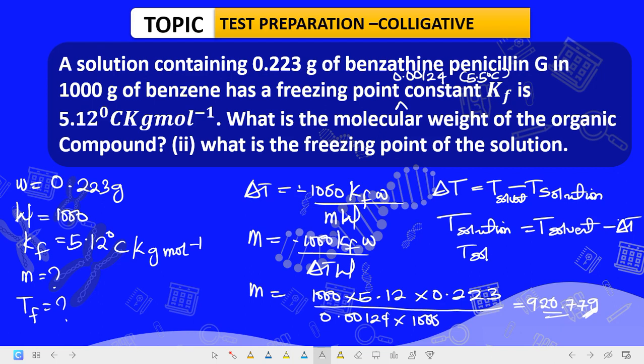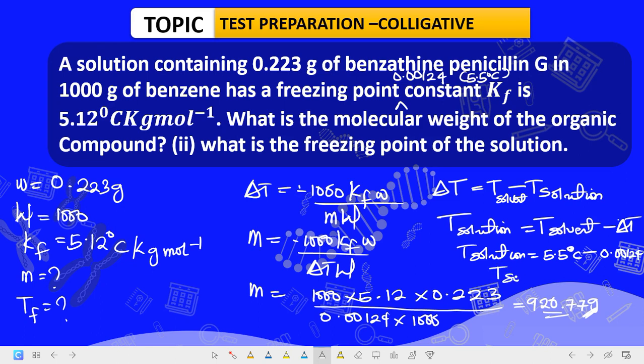So T of solution would be equal to T of solvent, which was given as 5.5 degrees Celsius for the pure solvent, minus the change in T, which was given as 0.00124.